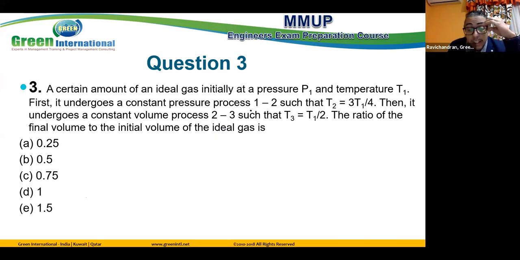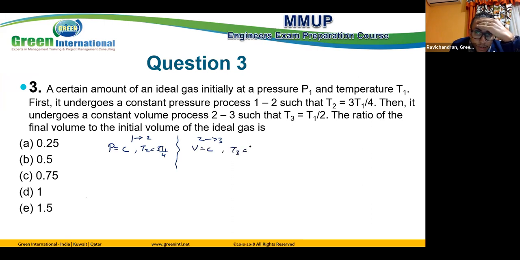He gave you here P initial, T initial. We have a process from 1 to 2 and a process from 2 to 3. Process from 1 to 2 is at constant pressure, and they give you a relation T2 equals 3 T1 over 4. And in the other process the volume is constant, and they give you a relation T3 equals T1 over 2.